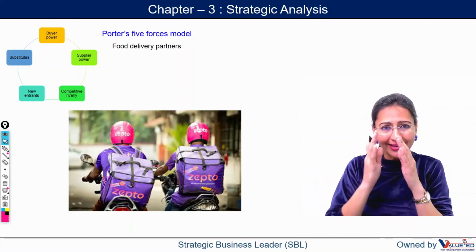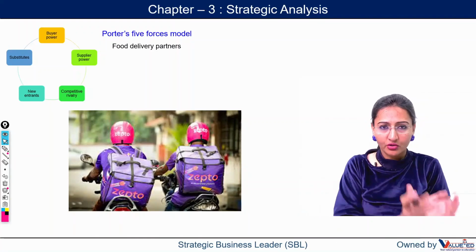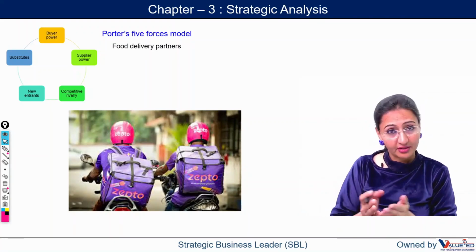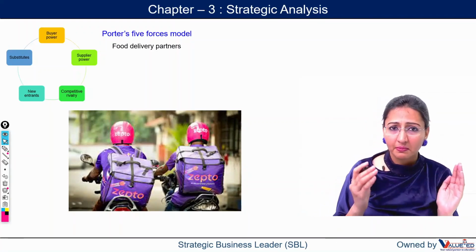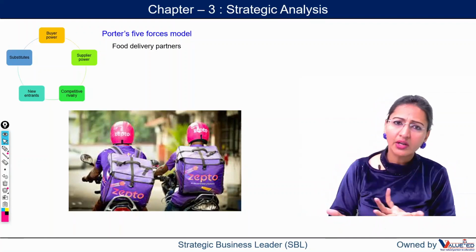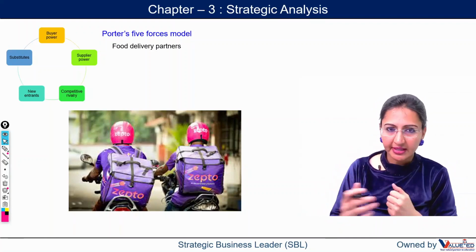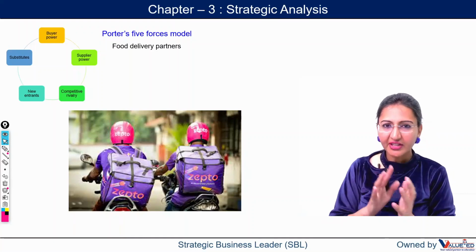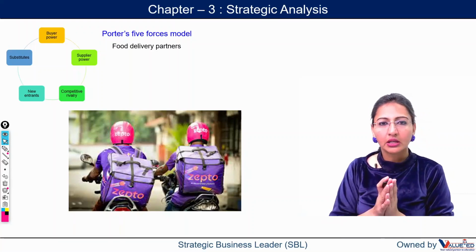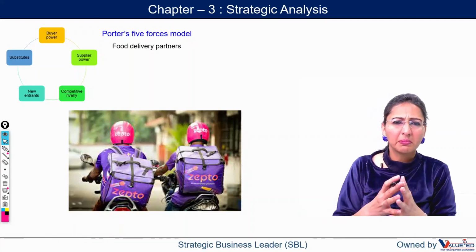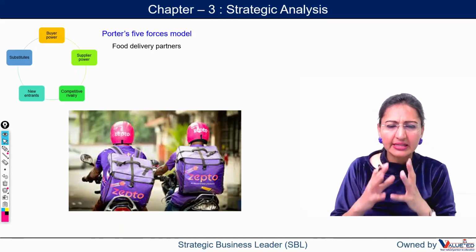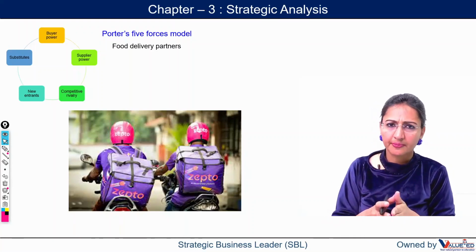So, there is no exact substitute for what Zomato and Swiggy are doing. Zepto, Blinkit, Big Basket, Milk Basket, they are all delivery partners, but with different setups. That different setup does not make them complete and exact substitutes.